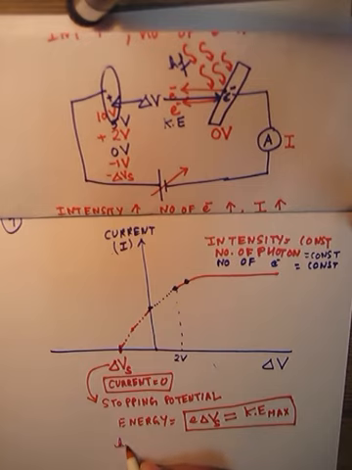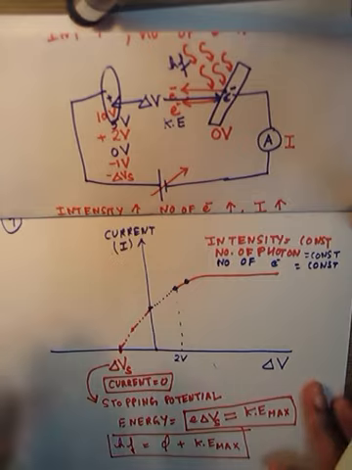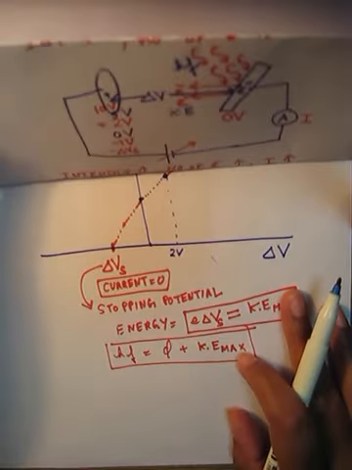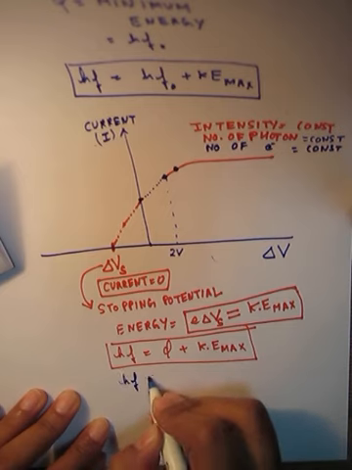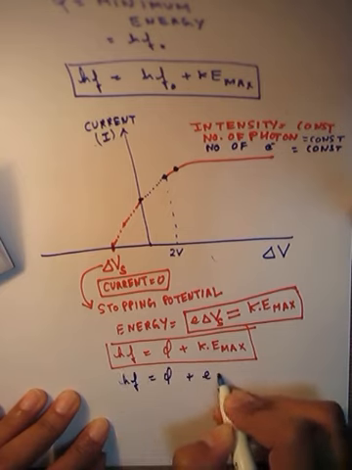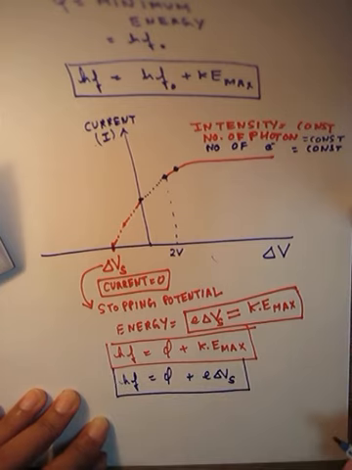So now this equation could be written. Initially this equation is this, we know, and now we can also write it as hf is equal to phi plus e delta Vs, if that is given.